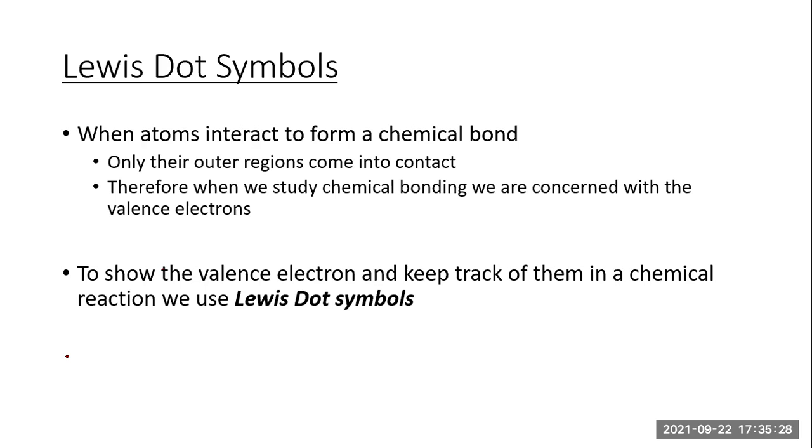But it's actually special electrons that are really involved in bonding, and they are the valence electrons. I think we might have talked about it when we were talking about electron configuration. So for example, if we look at lithium and write the electron configuration 1s2, 2s1, lithium has 2 electrons on the lower energy level.